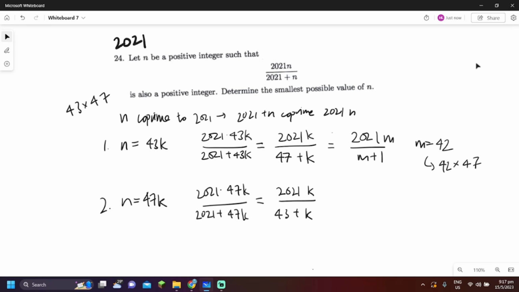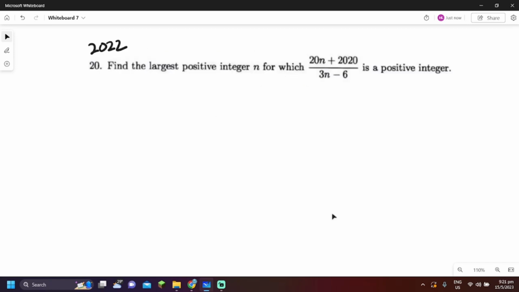Minimizing n, we set k equals 4, and we have n equals 4 times 47. So we have these two possible answers, and we just take this one because it's smaller, and we win. It's 188.